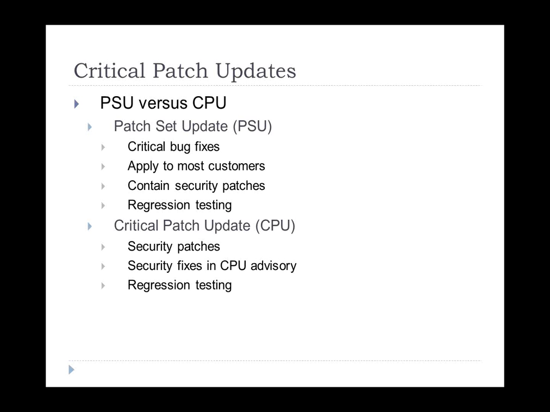You really need to choose one direction to go, because if you start applying the PSUs, you cannot go back to the critical patch updates based on the patching way that these both patch in the environment. So if you're going to just do critical patch updates to grab all the security patches, stay down that path, or if you wanted to take the opportunity along with your policy to implement your security patches and grab those critical bug fixes, you can do that through the PSU.